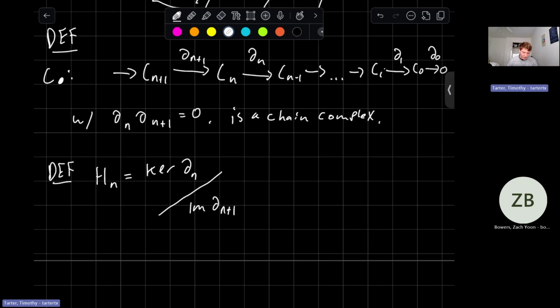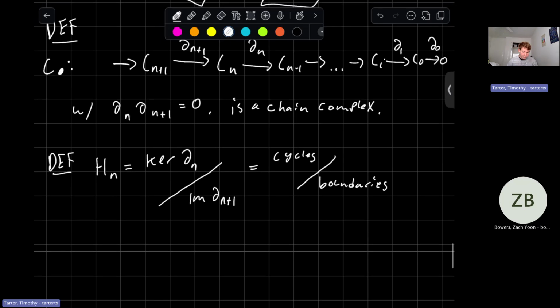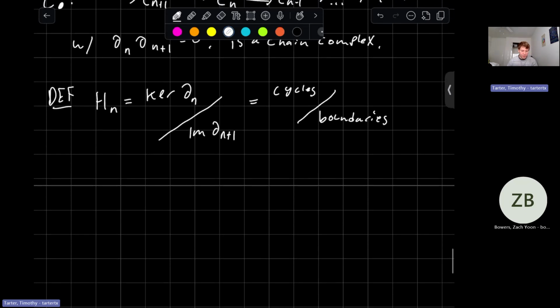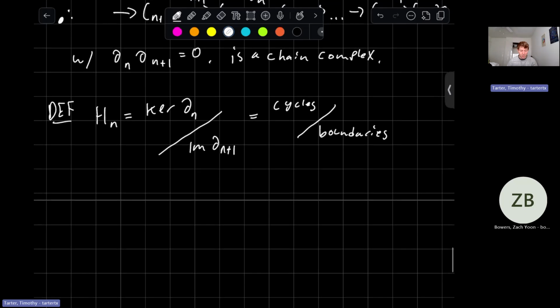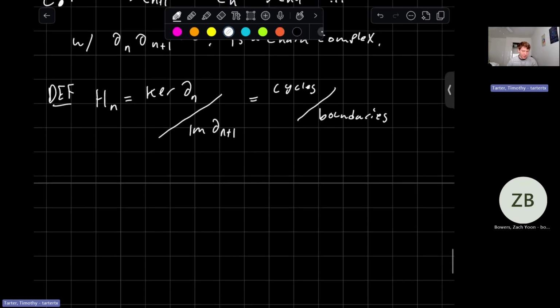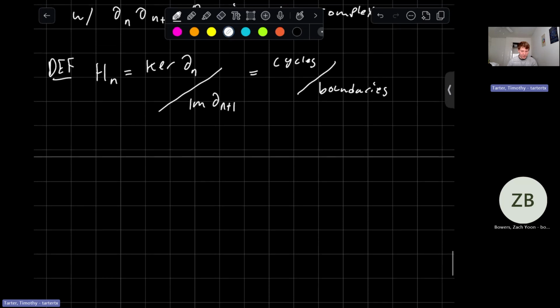So elements of the kernel are called cycles, and elements of the image are boundaries. Elements of each homology group are cosets of the image, called homology classes. Two cycles representing the same homology class are said to be homologous.